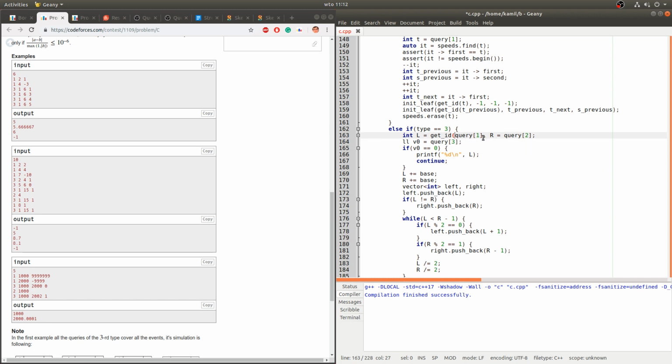Get ID here. So the thing is that I answer a query starting from some point, and this point doesn't necessarily exist.